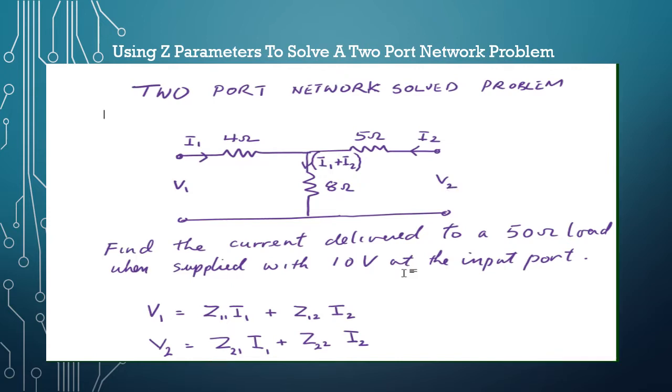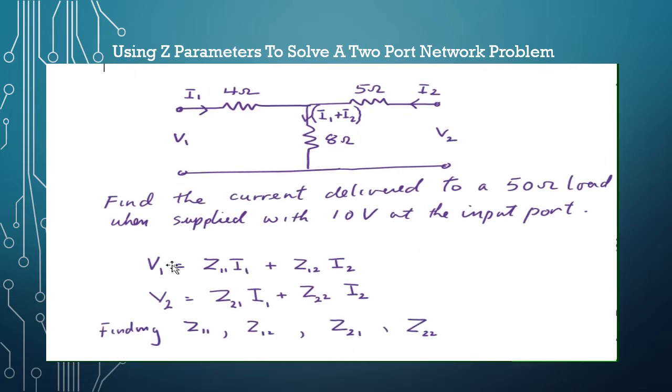Here we have the equations for the Z parameters. V1 is equal to Z11 I1 plus Z12 I2, and V2 is Z21 I1 plus Z22 I2.